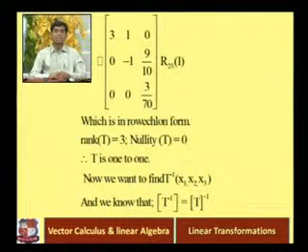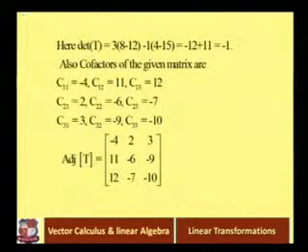Okay. So now we can find T inverse of (x1, x2, x3), and we use the note that the inverse of the standard matrix for T is exactly the standard matrix for T inverse. So let's see. First of all we have to find the determinant of T from this matrix.